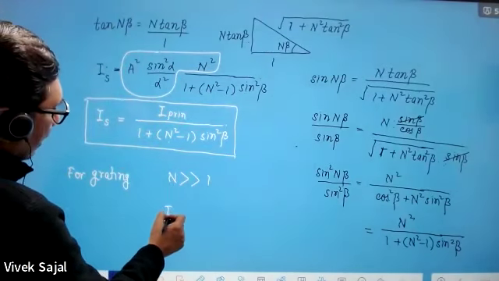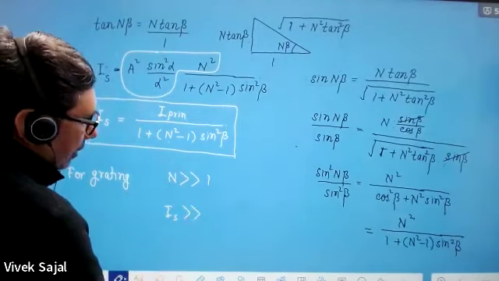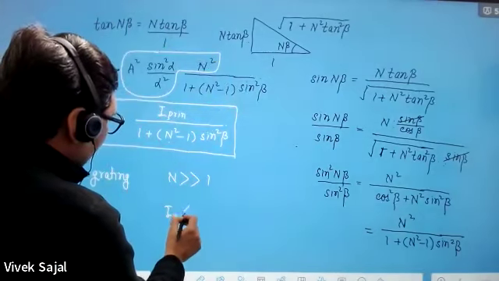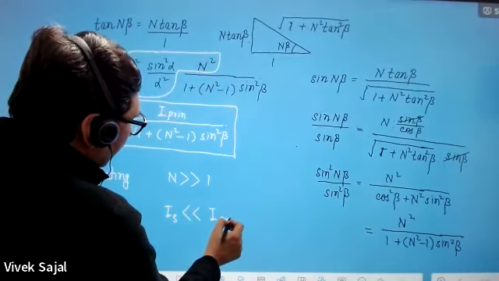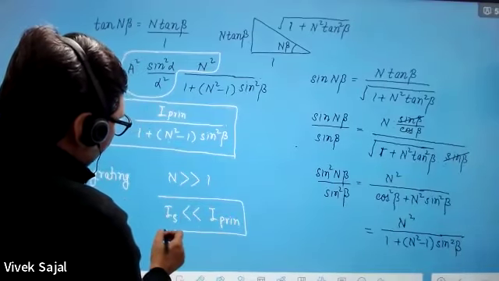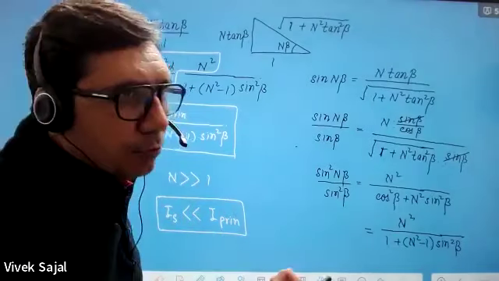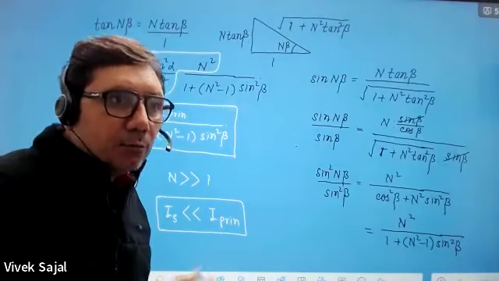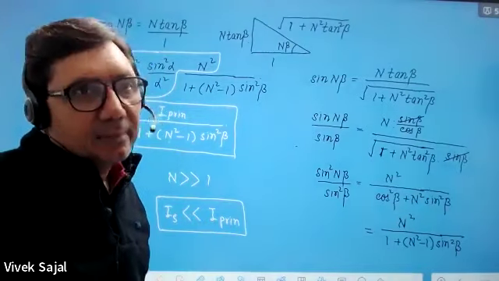So from here, IS is much, much less than IP, principal maxima. So that's why there is no need. When you are observing the pattern, you are not going to observe the secondary maxima. So that's why to analyze the pattern, you don't require the positions of secondary maxima.